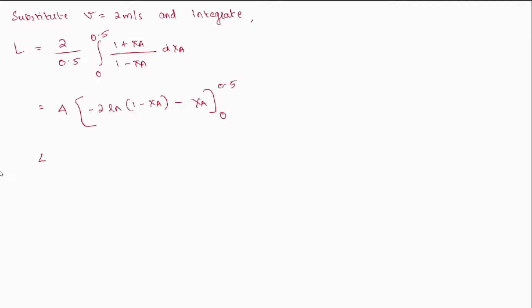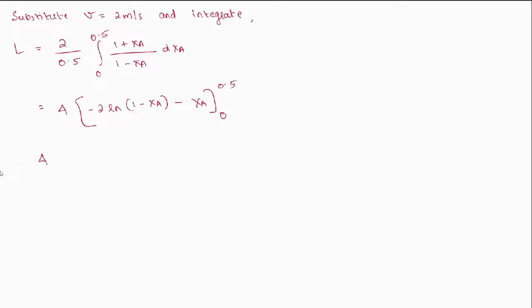So you can refer to your mathematics notes to see how we can do this integration here. And after the integration, we'll get the integral term as minus 2 ln(1 minus XA) minus XA from 0 to 0.5.